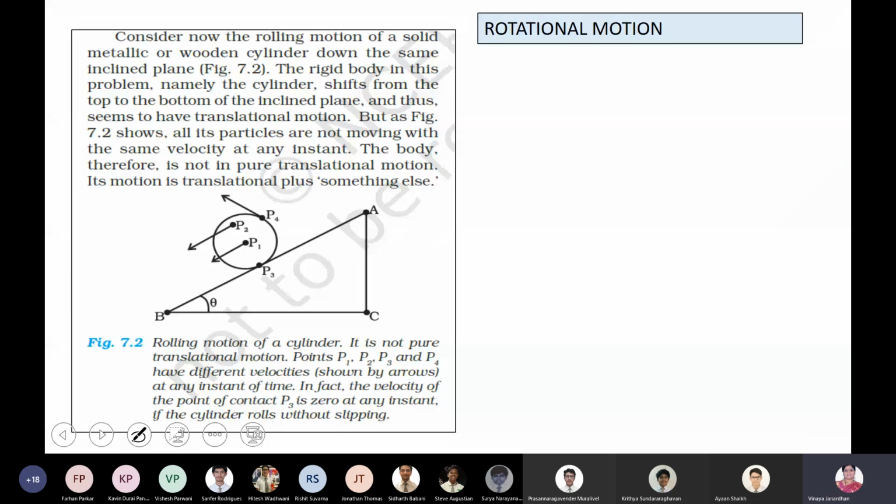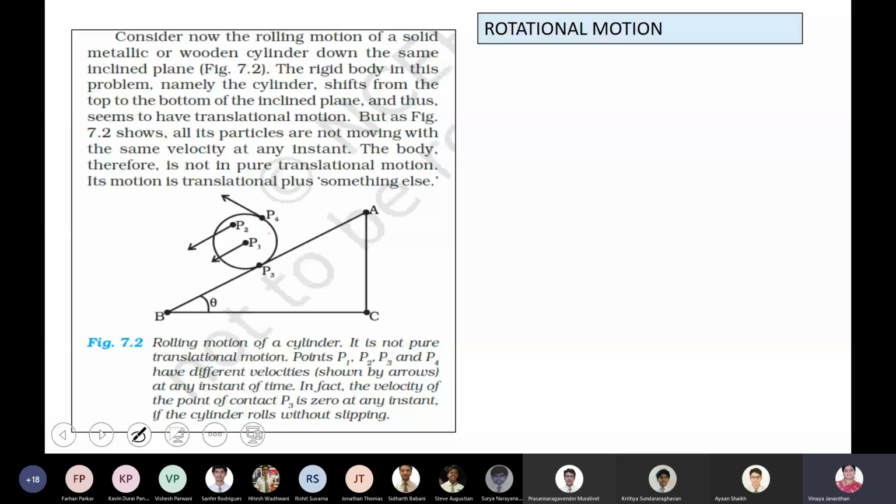What can you state about its velocity? It is 0, right? Momentarily it will be at 0. This is the point where the particle will be momentarily at 0. P1 will move with a different velocity, P2 will move with a different velocity. So each and every particle will move with a different velocity.